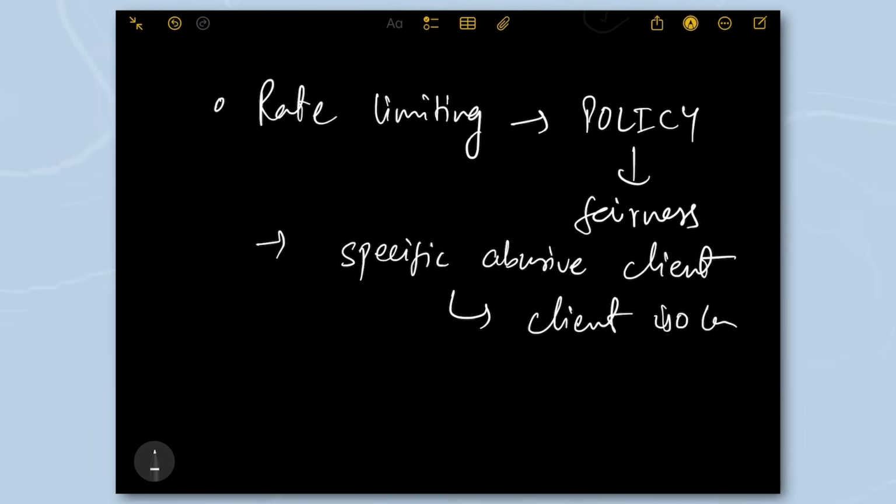We isolate an abusive client from the other clients so that everyone has a fair share of the server, and it happens before the request does any heavy lifting. It is mostly at the API gateway or the load balancer level, and the goal is to prevent one user from starving the others.